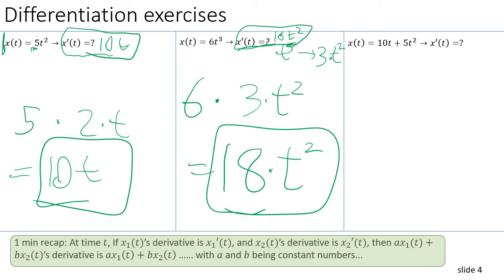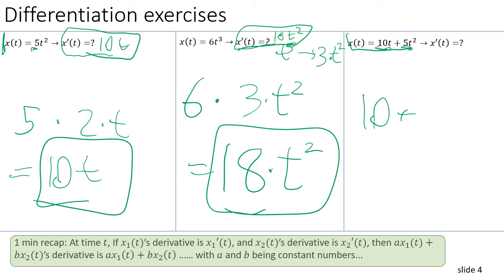Now, final question. What is the derivative for this equation right here? By using that strange property called superposition, we can do the derivative for each individual part or term. This one right here, the derivative should be just 10.